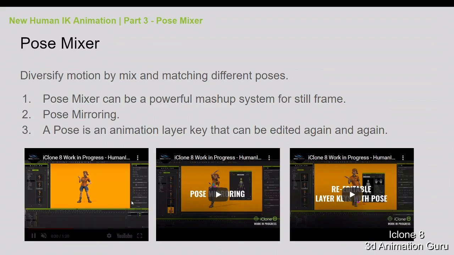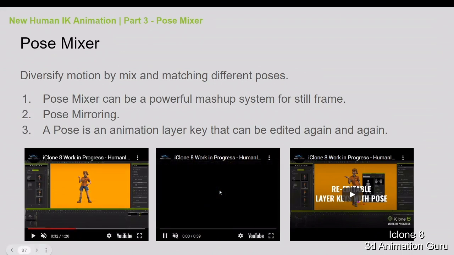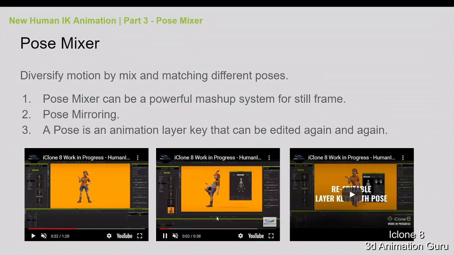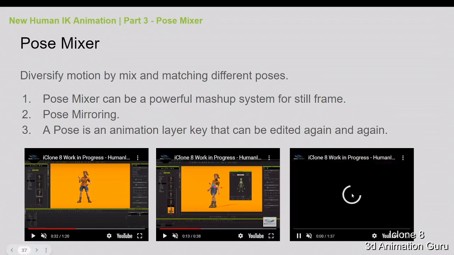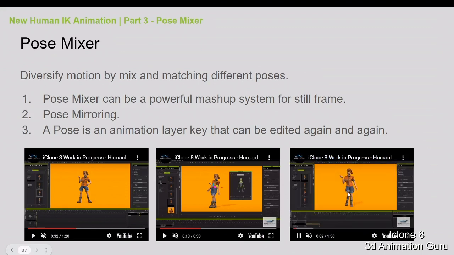And then we have the pose mirror. So that one is just the mirror. And then we have this one. A pose is an animation layer key that can be edited again and again. So you can just edit that one again and again.